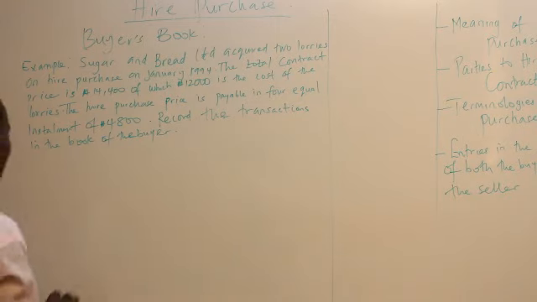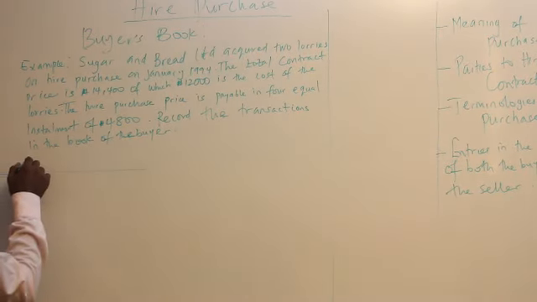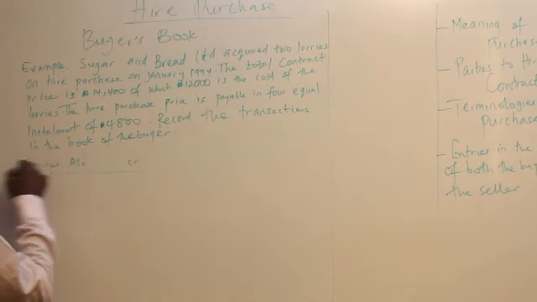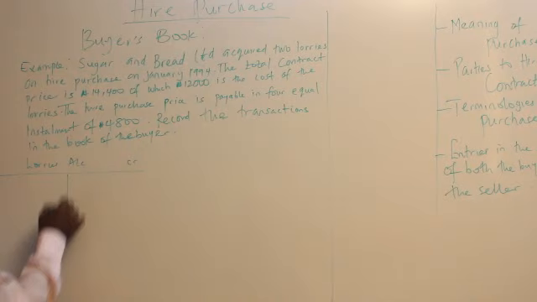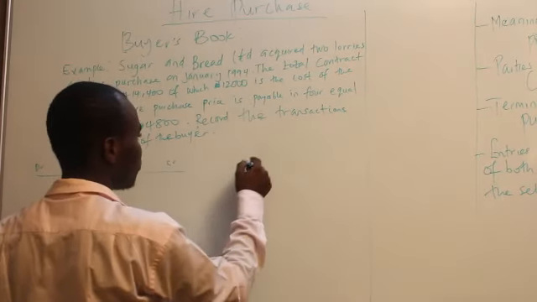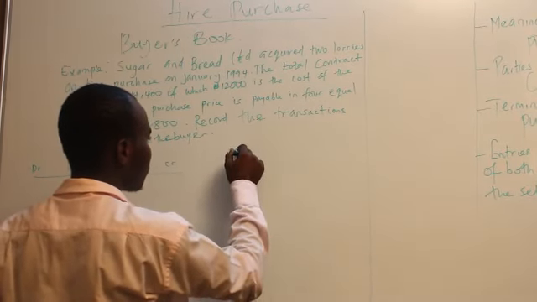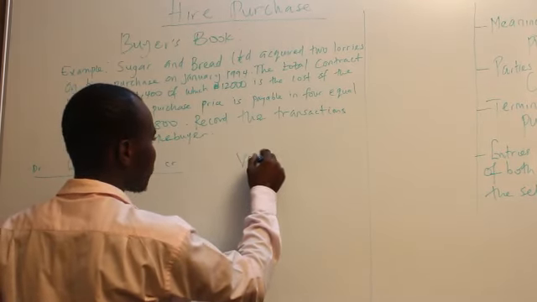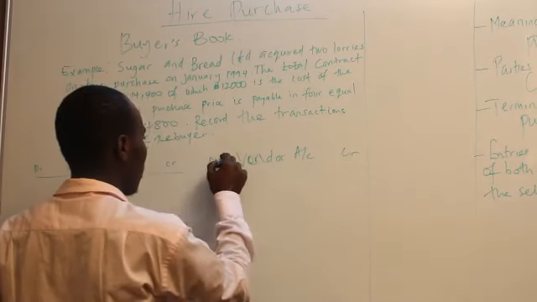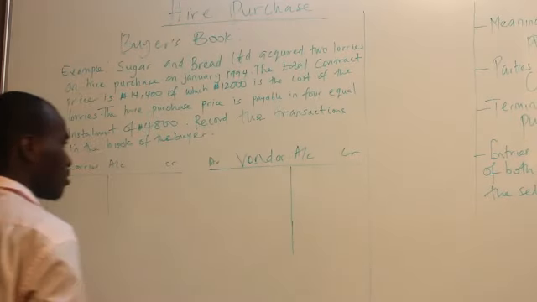So in the books of the buyer, we are going to have the lorries account, which is the asset account. We also are going to have the vendor account or hire purchase vendor account.